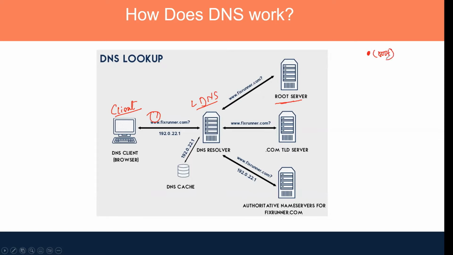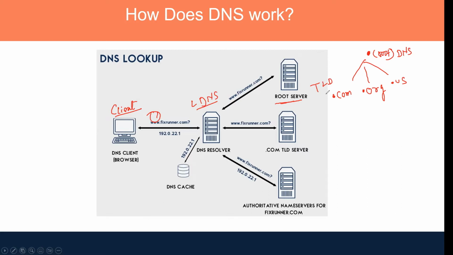We say root server or root DNS. Under the root DNS, there would be top level domains, might be .com, .org, .us. These are nothing but the top level domains, TLD.